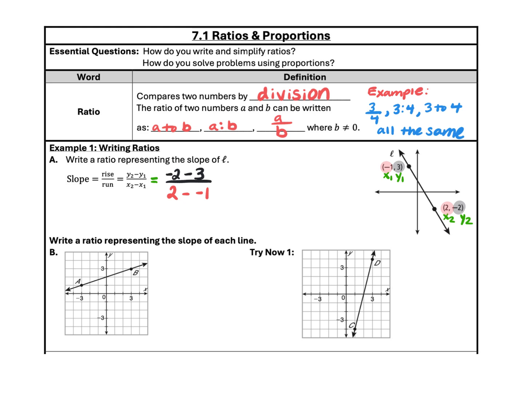Now, a minus is a plus, so we can change this to plus, and we end up with negative 5 over 3. So the slope of the line L is negative 5/3.